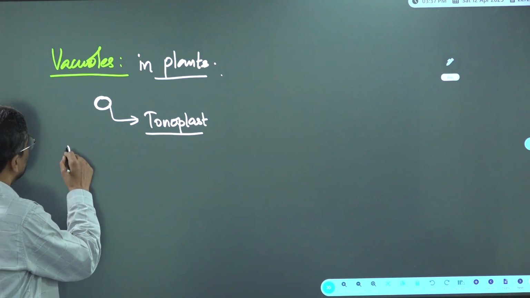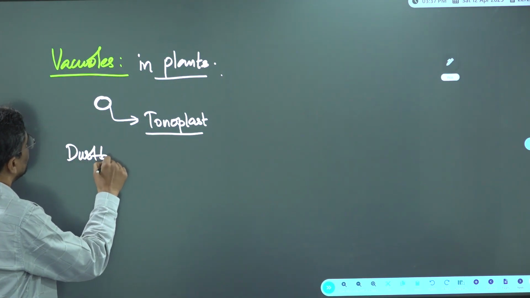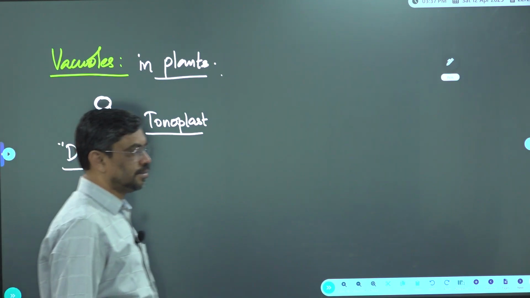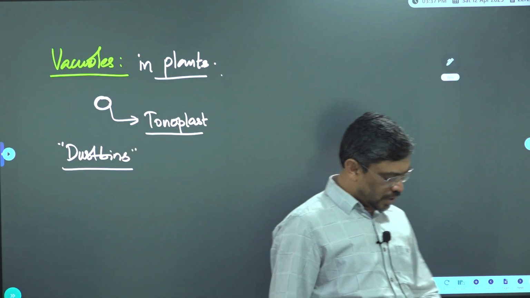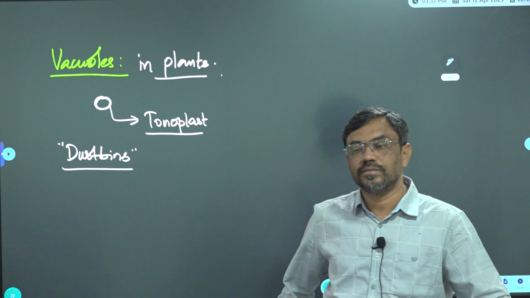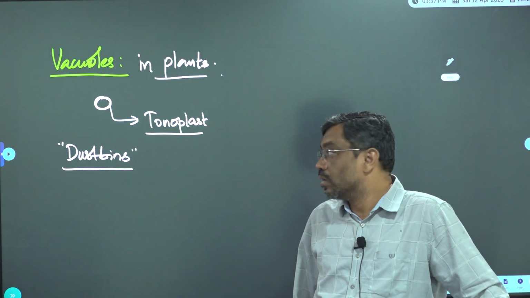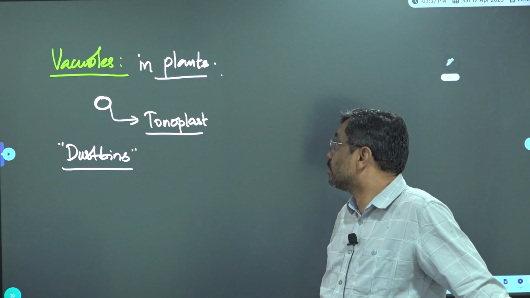These vacuoles are also called dustbins of the cell.